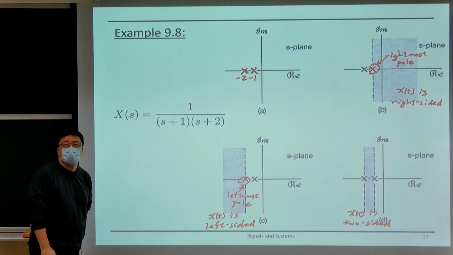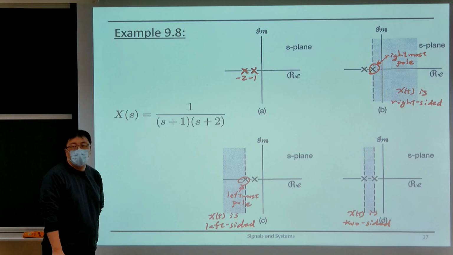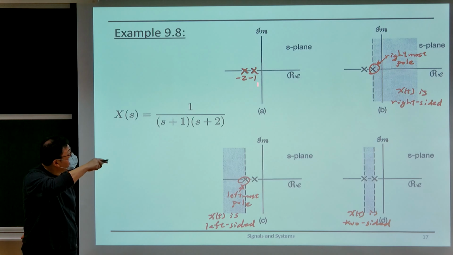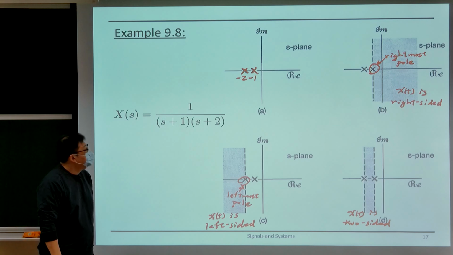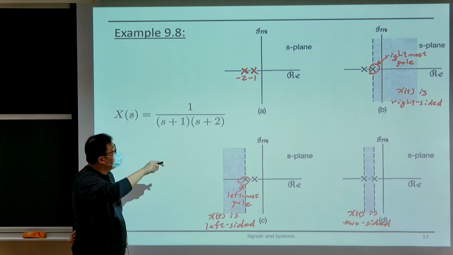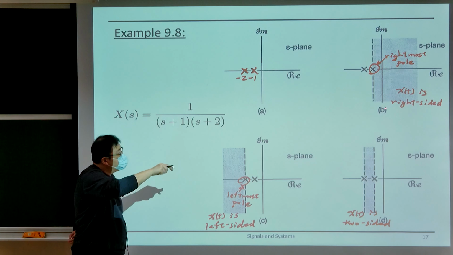Now, the Fourier transform is a special case of the Laplace transform for a choice of s on the imaginary axis. So to see whether or not a Fourier transform exists, we simply have to observe whether or not this imaginary axis is in the ROC.